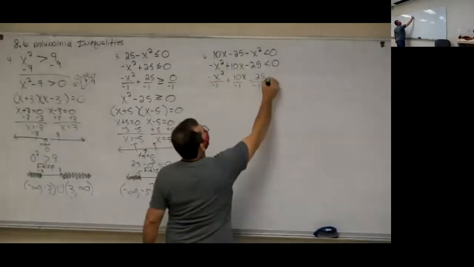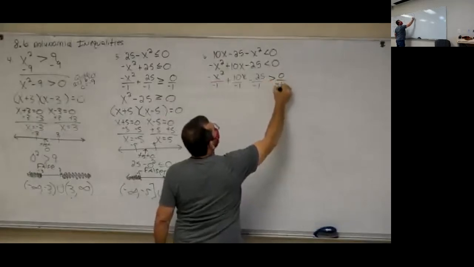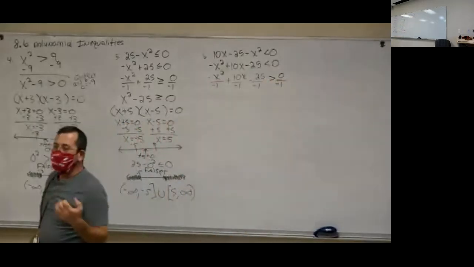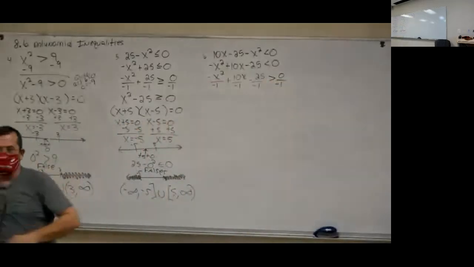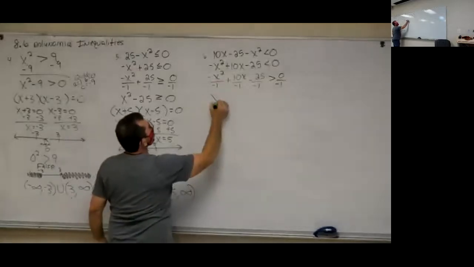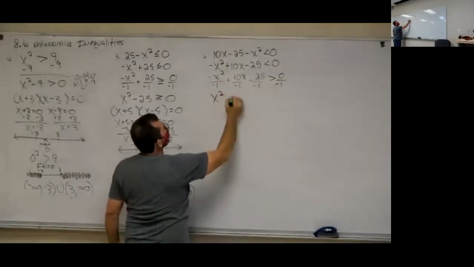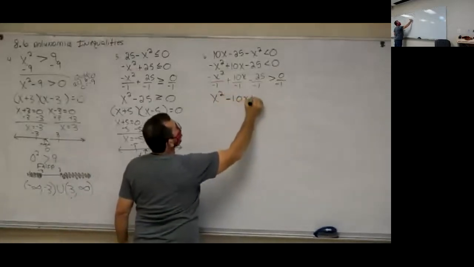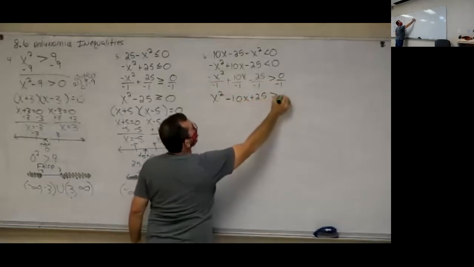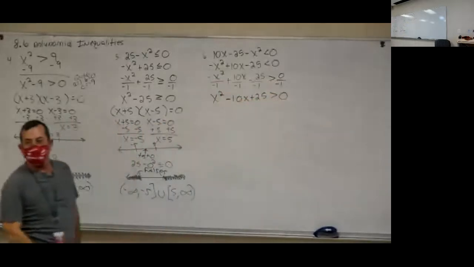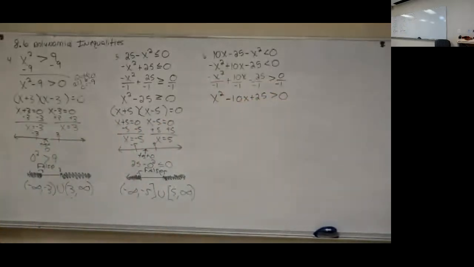So it's now going to be a greater than 0. All that -1 is doing is changing all signs. So the x squared is now positive, 10x will be negative, 25 will be positive, and it's all greater than my 0. At that point, have fun with the quad.